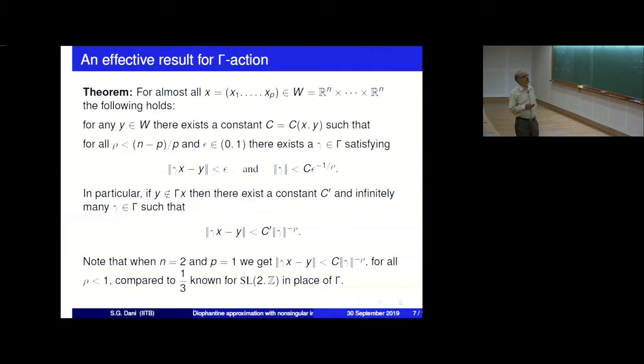For any y, there exists a constant c such that for any rho which is (n minus p) divided by p and epsilon in this, then we have gamma such that the norm of gamma x minus y is less than epsilon, with size restriction norm of gamma less than a constant, depending on x and y, times epsilon raised to minus 1 over rho.